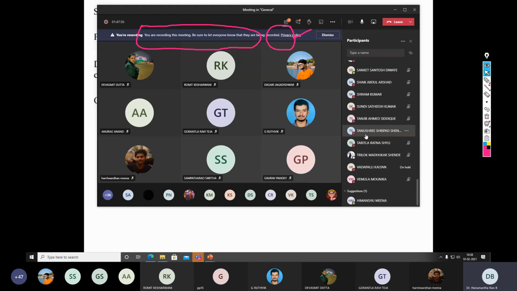Can anybody tell me the answer? Maunika? Vemula Maunika? Kalyan?